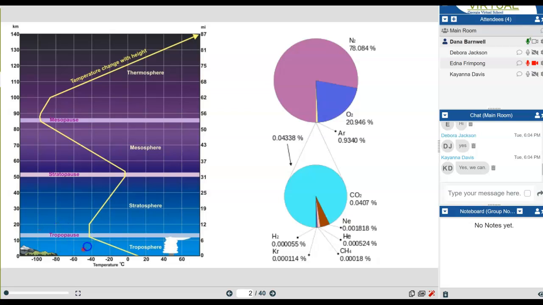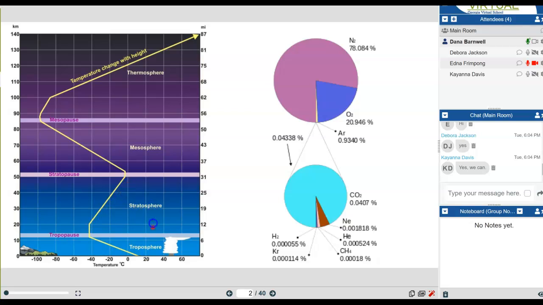That distinction, that stratifying of the different layers of the atmosphere, the very first one that you're going to come across is referred to as the tropopause. And then what you see is that the temperature starts to change. We begin increasing in temperature as we move through the stratosphere.